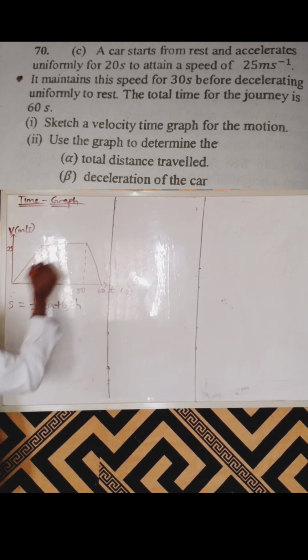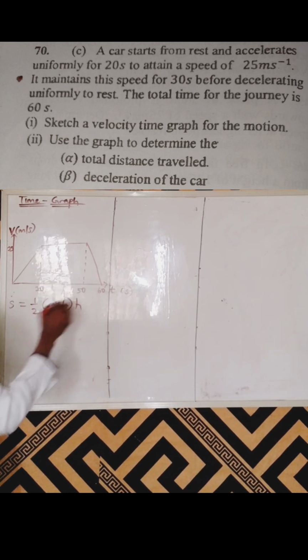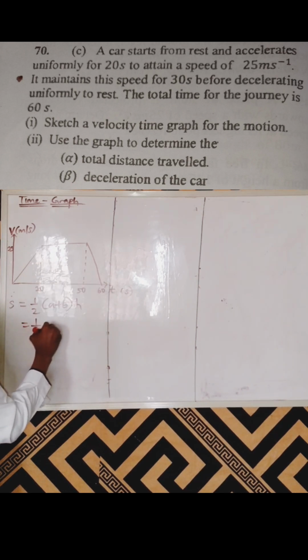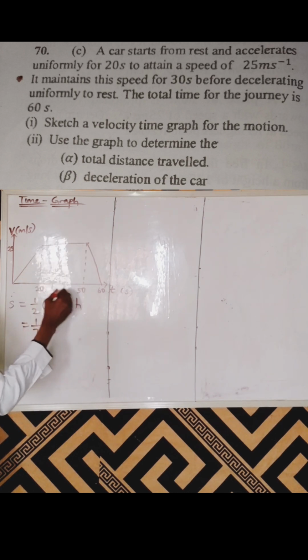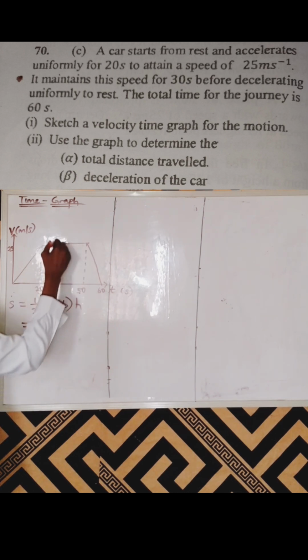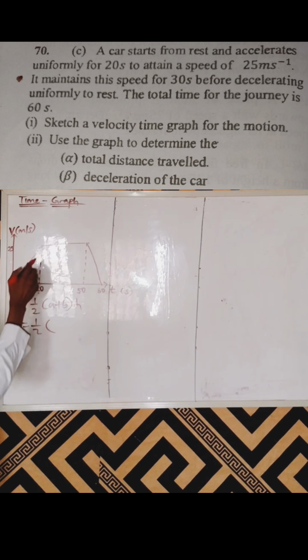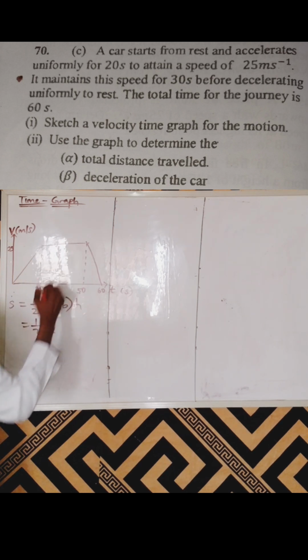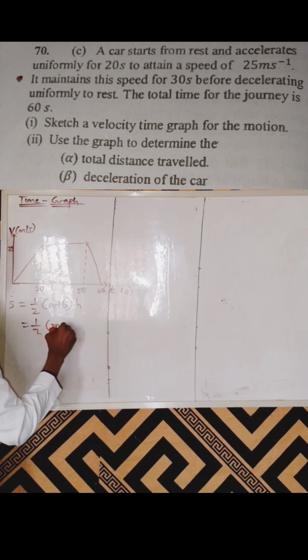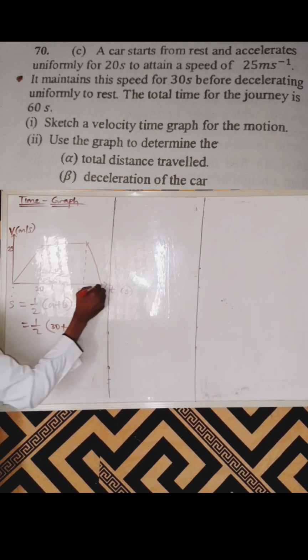This is A and this is B. That's going to be equal to 1 over 2 bracket A. The distance from here to here is what? 50 minus 20. That's 30. If you remember, it maintained the speed for 30 seconds. Now that's going to be 30 plus the distance between here and here, which is 60.